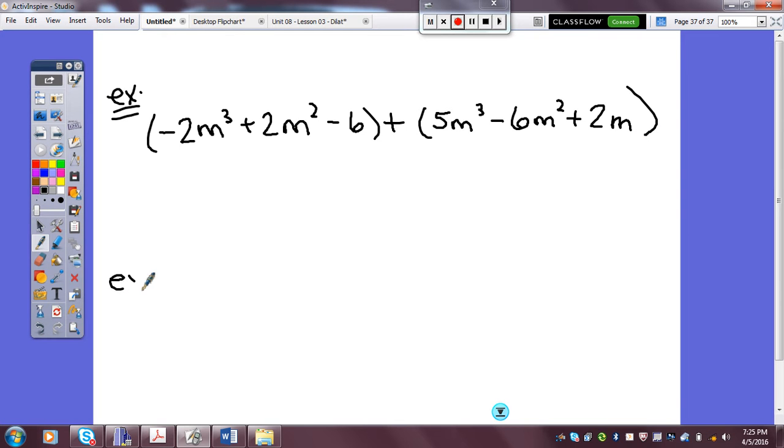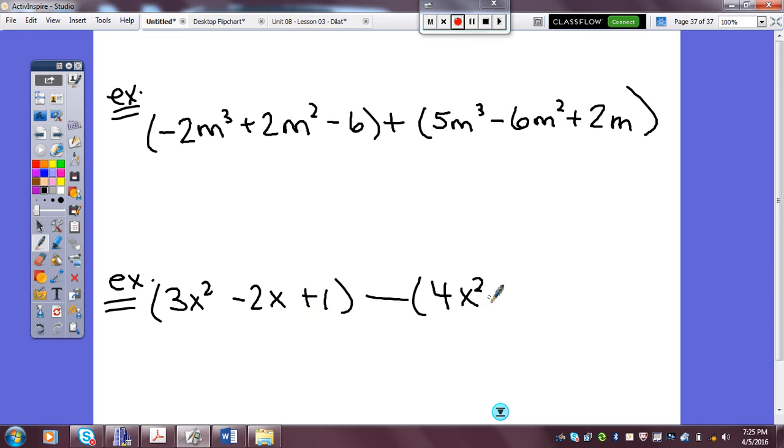And the second problem, let's do 3x squared minus 2x plus 1 minus 4x squared minus 3x minus 6. Okay? I want you to go ahead and pause this video so you can try these 2 problems on your own. When you finish, unpause, and I'll put the answers up on the board for you to be able to compare.